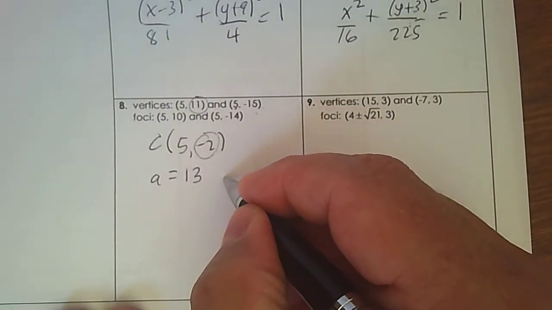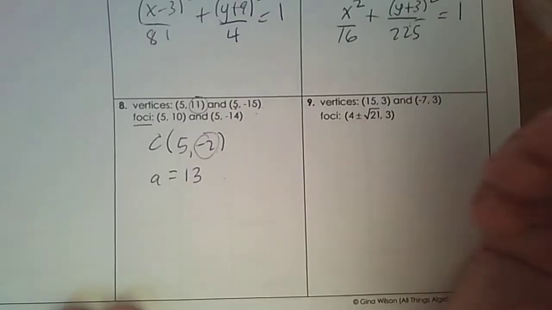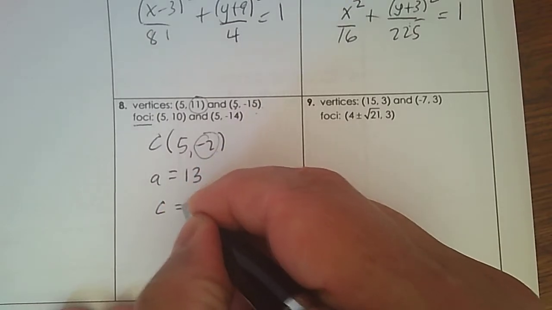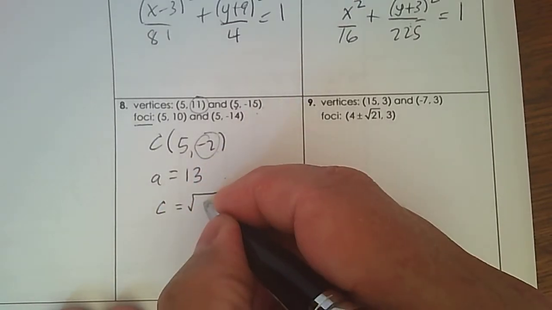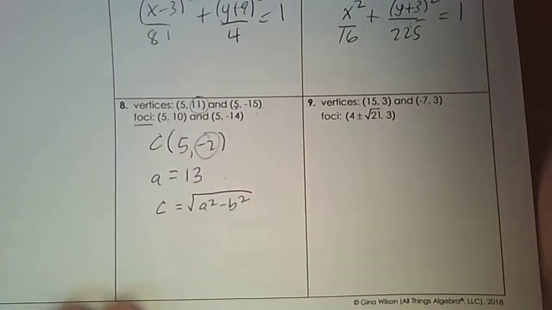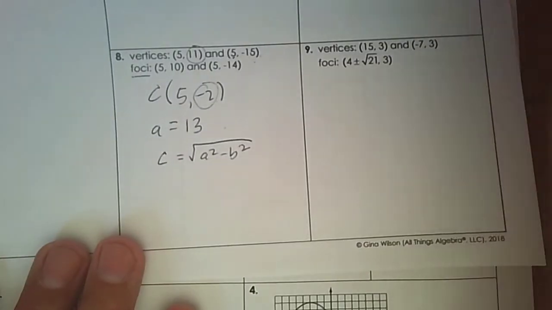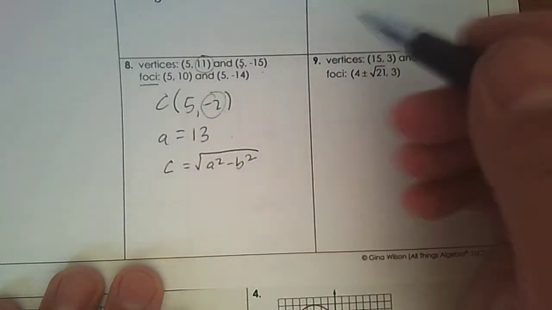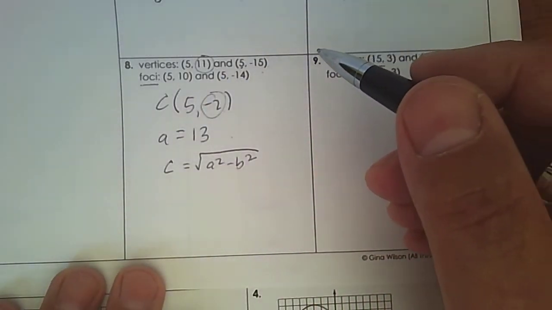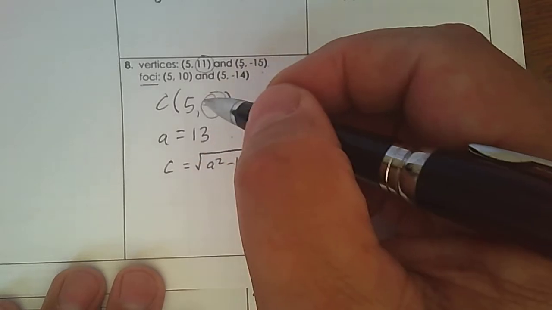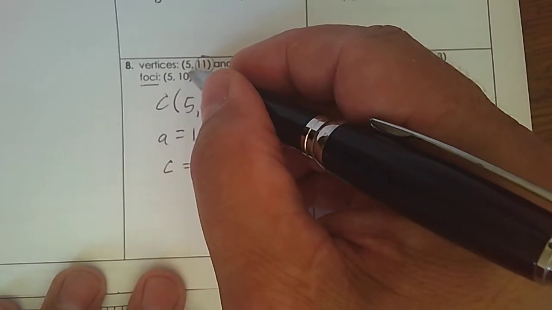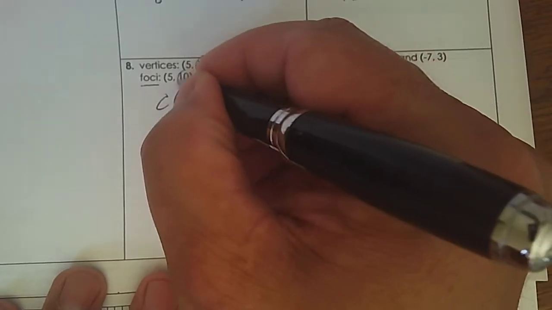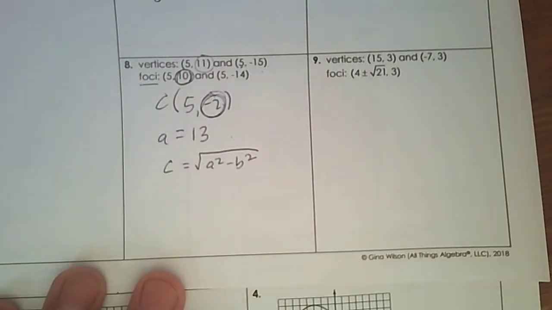The b, I don't know, but I'm going to use the foci to find the b. Now the definition of foci is c equals the square root of a squared minus b squared. So in this situation, if I look at it carefully, c is the distance from the center to the y-coordinate. Because it's vertical, what's the distance from negative 2 to 10?